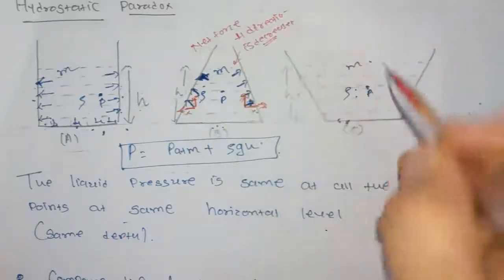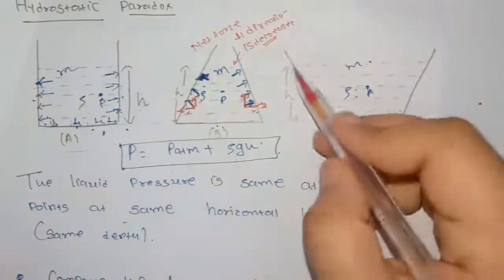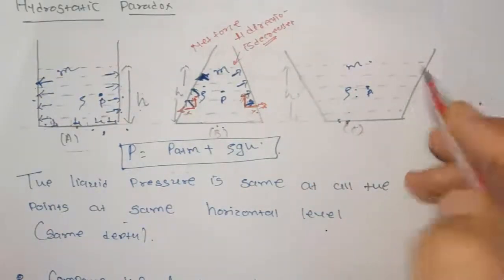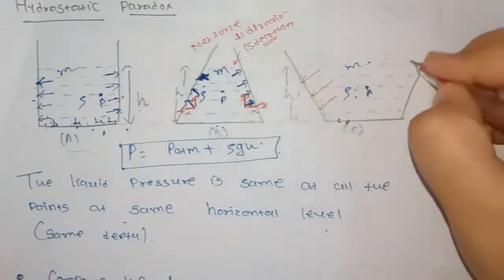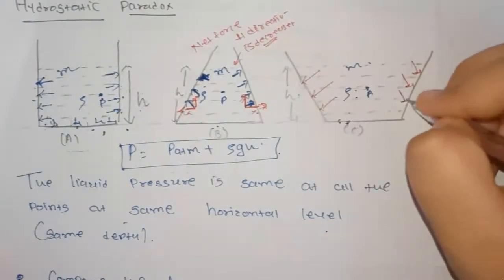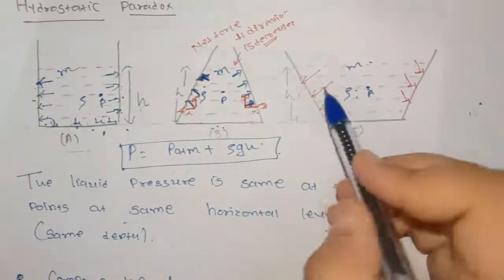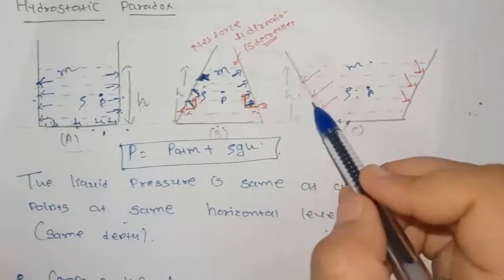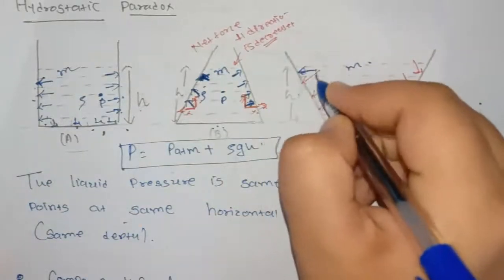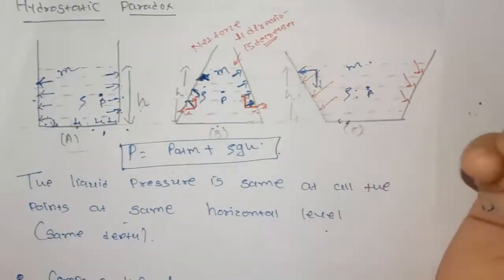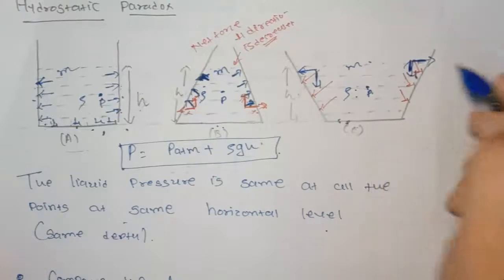In this case, now let us see the third container case. Here the forces acting on the walls will be perpendicular, that will be in this direction. Again, if we divide the forces exerted due to this pressure, then this will be the horizontal component and this is the vertically downward component.